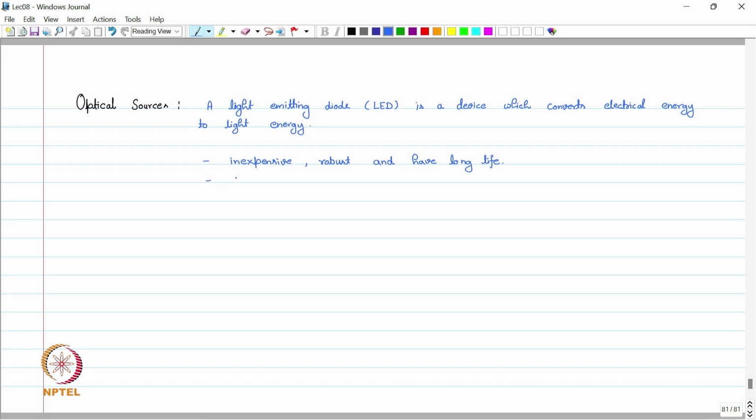These devices can be easily modulated. It means switch on and off at high speeds.